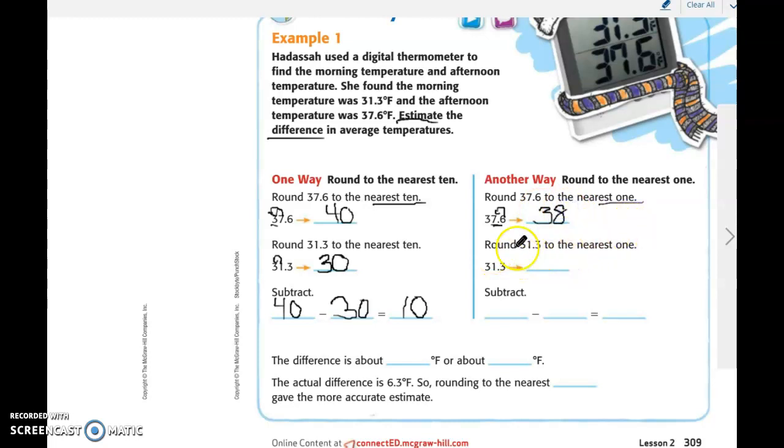Okay. Now that we rounded that, let's round 31.3 to the nearest 1 also. So what number is in my 1 place? The 1. And what number is going to tell my 1 what to do? The 3.